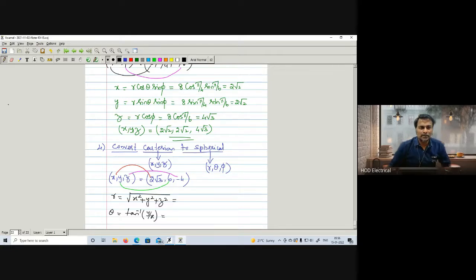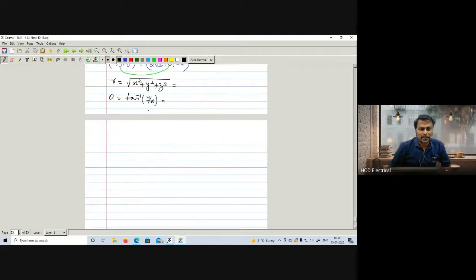Then phi is nothing but cos inverse of z by r. So this is what we have studied already.